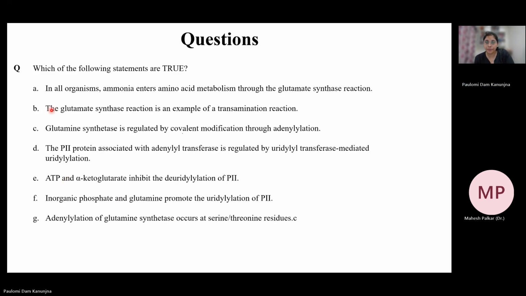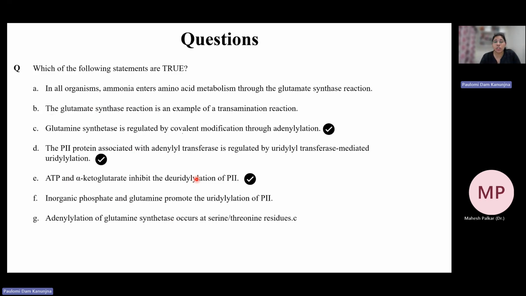Okay. B, C, D. All right. C, D, yes, not B. E, E is the correct answer. Well, let's look into this. We are saying which of the statements are correct.